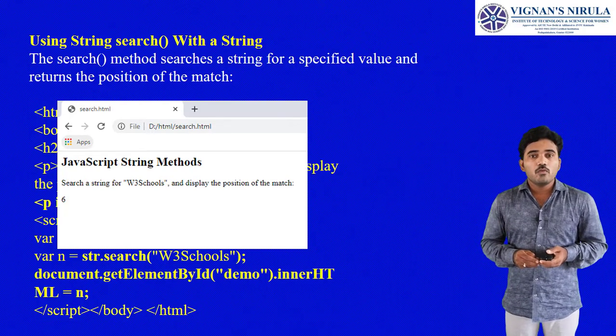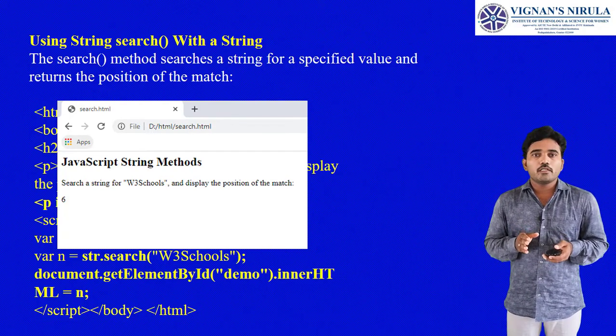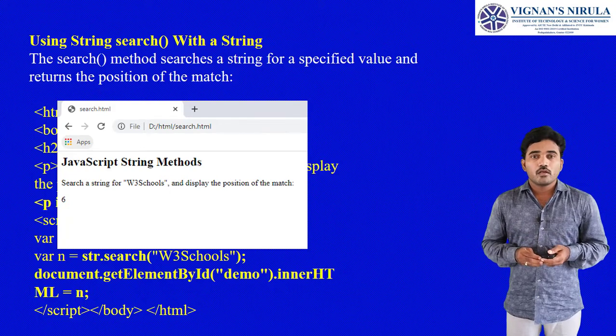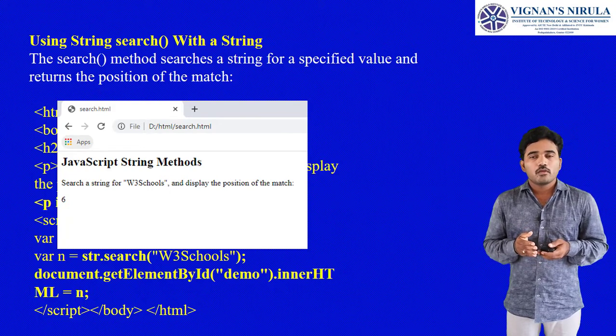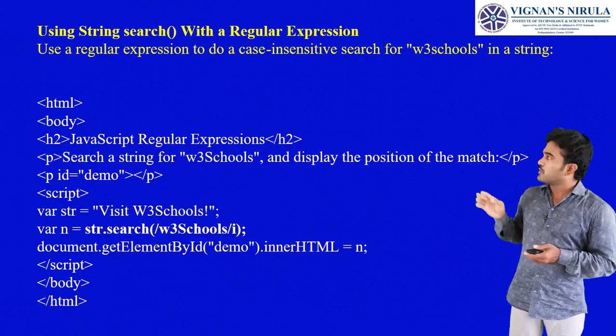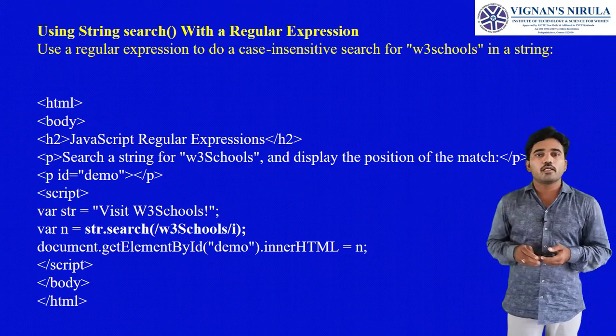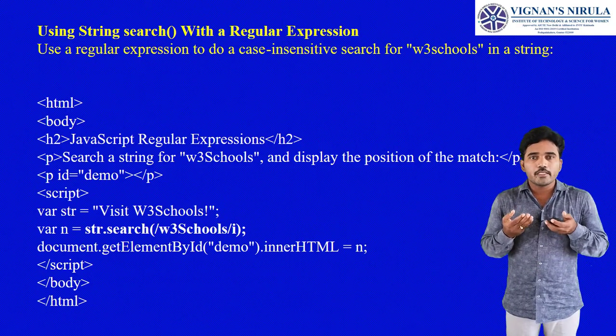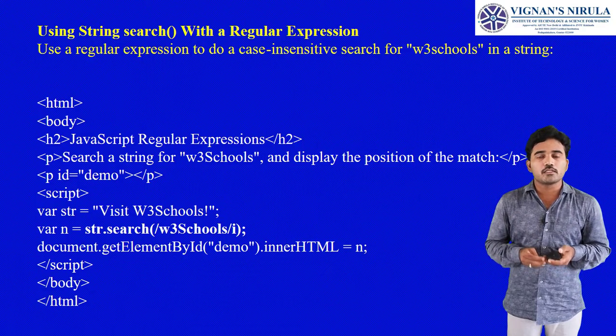Understood? So far we have completed the string search method with a string. Now we will discuss the same with a regular expression. Use a regular expression to do a case insensitive search for W3 schools in the string.